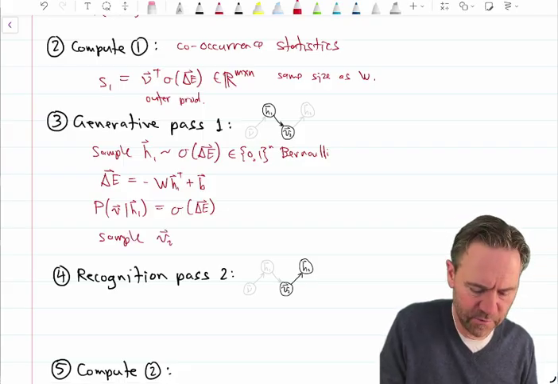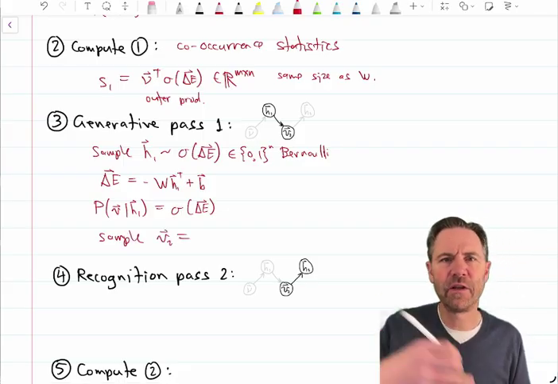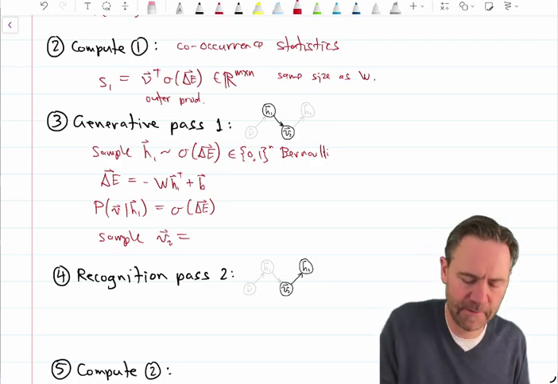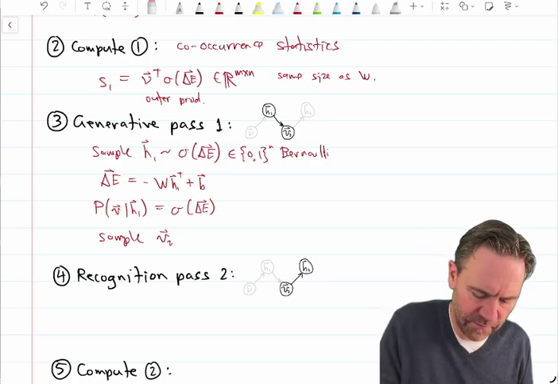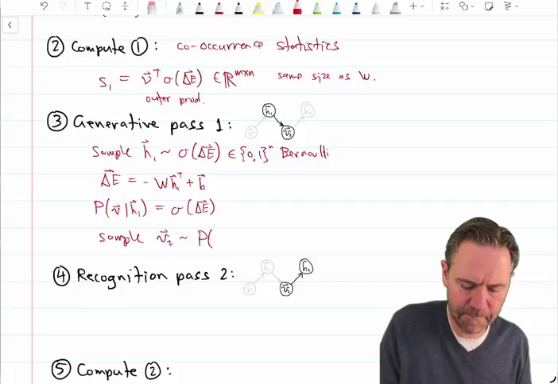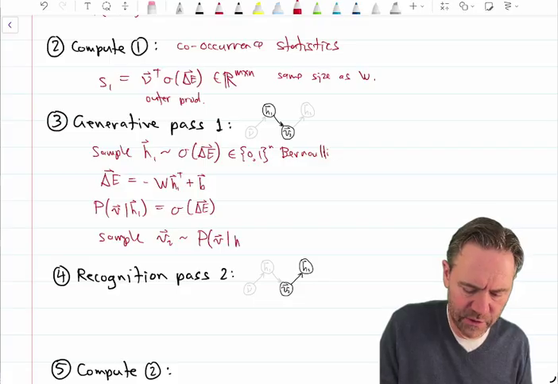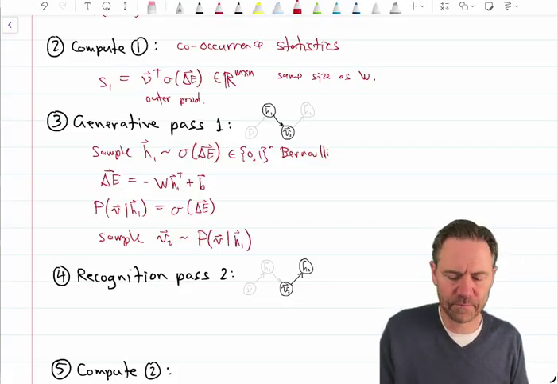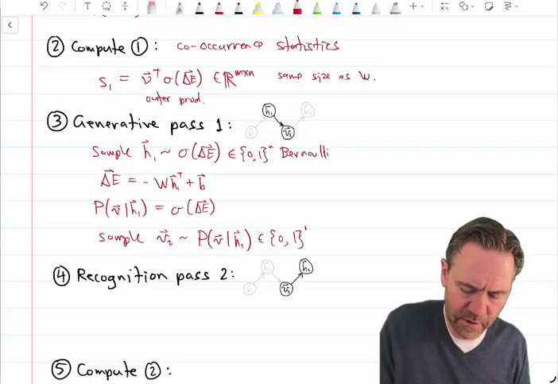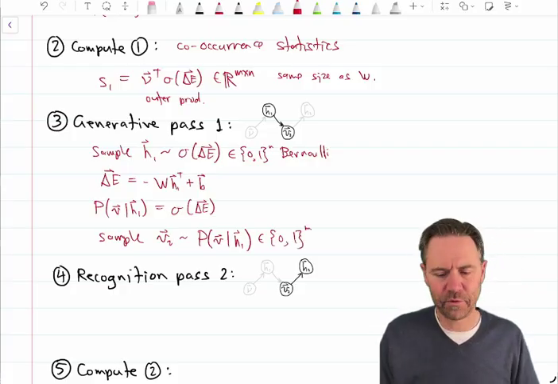Now we sample those visibles to get V2. I was using V naught and V1 before, now I'm using V2. It doesn't matter, I think you get the idea. It's going to be drawn from this Bernoulli probability of observing V given H1. And again, now this will be a binary m-vector from Bernoulli sampling.